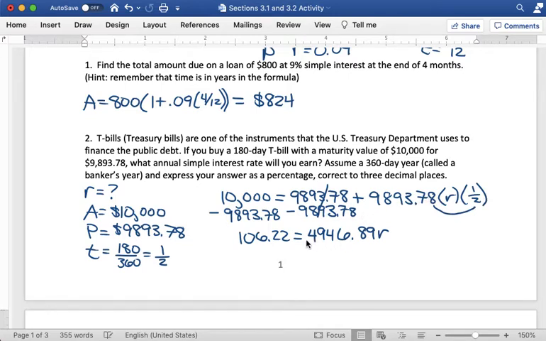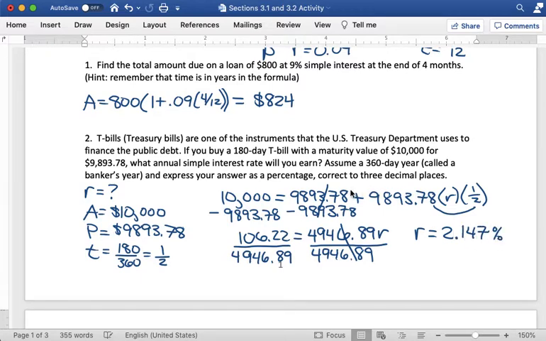So again, I multiplied these two. And then I'm going to get R by itself by dividing by that number. So divide both sides by 4,946.89. And when I do that, I get my interest rate of 2.147%.